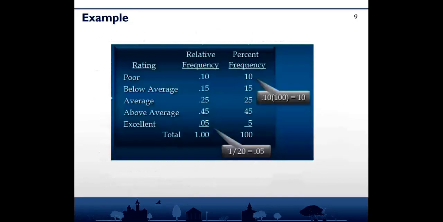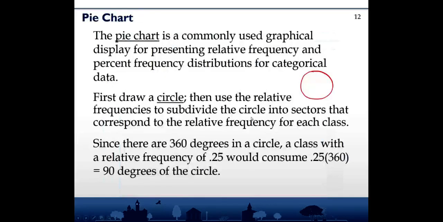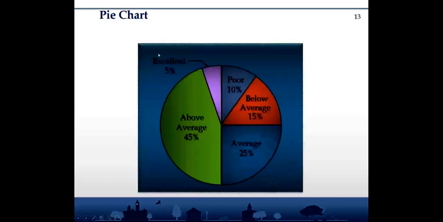So 25%, which is 90 degrees. So this means the quarter of the circle would be average. So this is how you subdivide the circle into sectors, which the pie chart for this example looks like this.